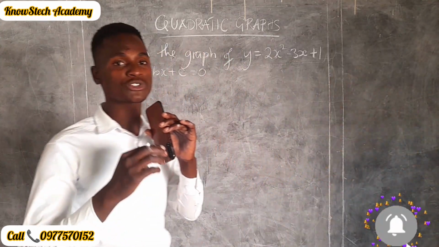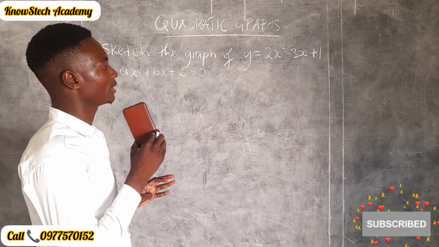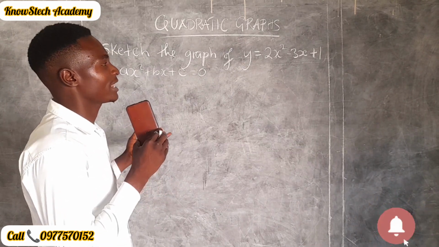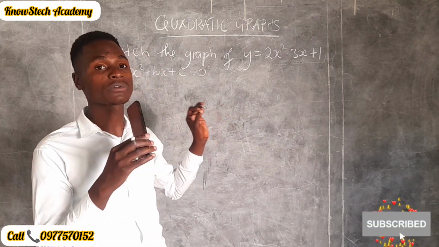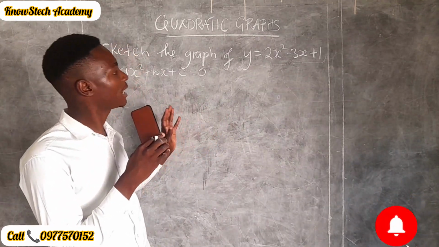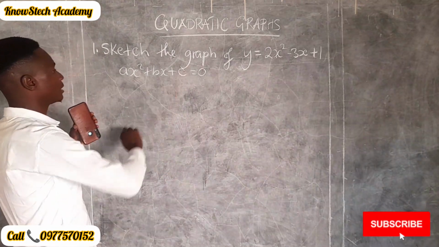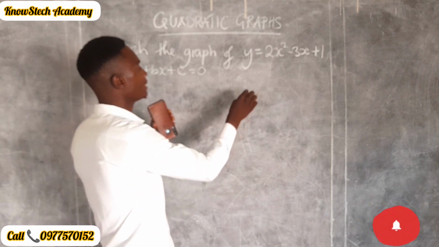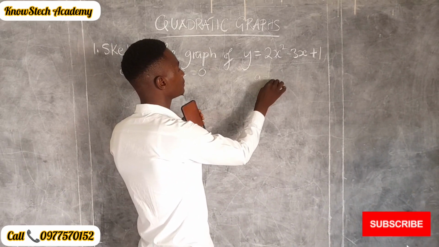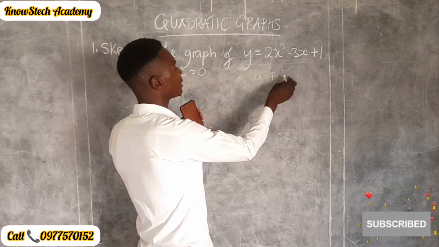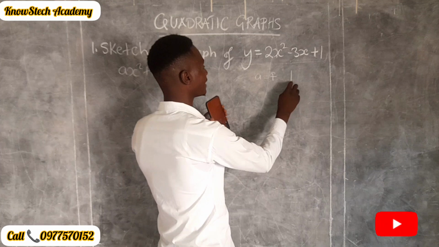Before you graph that one, at least you can have an idea of what your graph will look like after graphing. Number one, if the value of a is positive, then your graph will have a smile face like this.